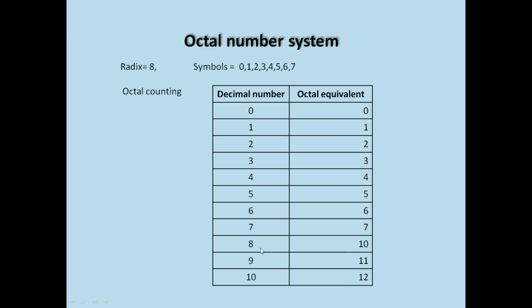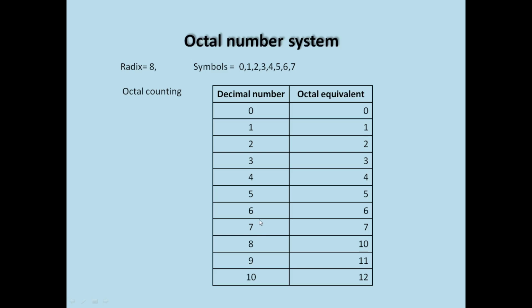The same method that we have seen in the binary number system. To convert any decimal number to another number system, the decimal number is divided by the radix of that other number system. So while converting decimal to binary, we divided the given decimal number by 2, the radix of binary.